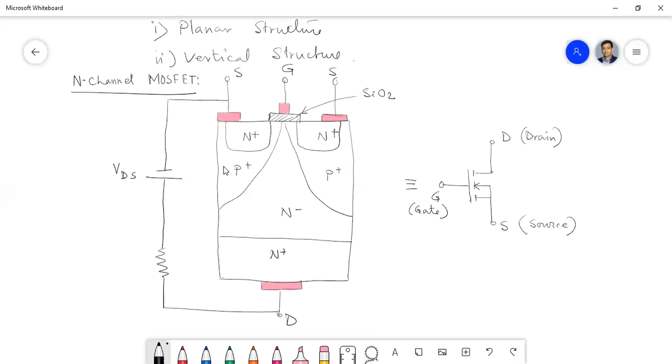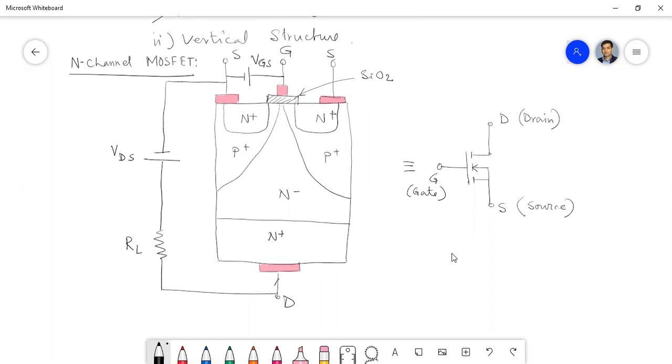This voltage is called the drain to source voltage, and this is the load resistance. Okay, and if we control this voltage, which is called the gate to source voltage, we can control the conduction through the drain to source. Okay, this current which is flowing into the drain is called the drain current.